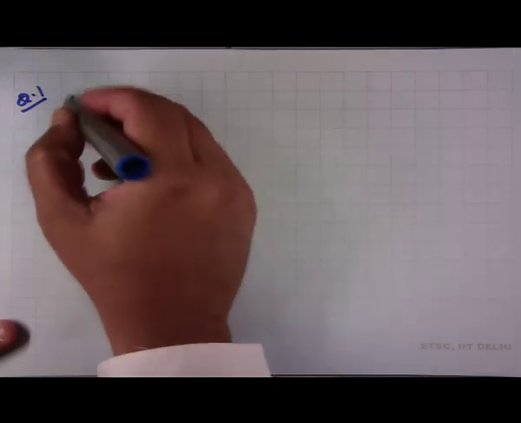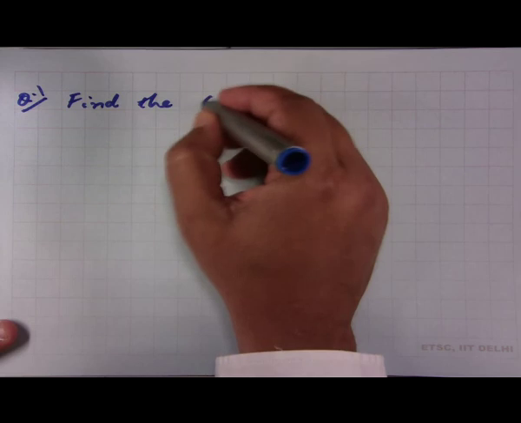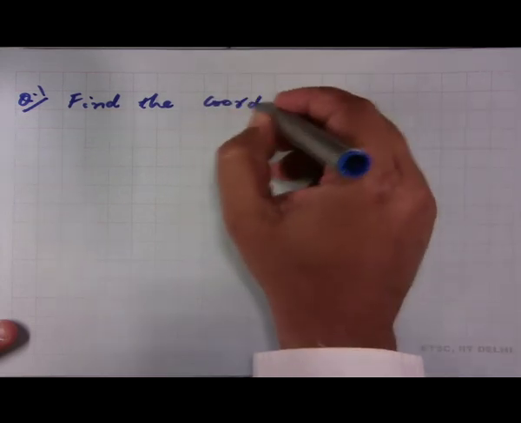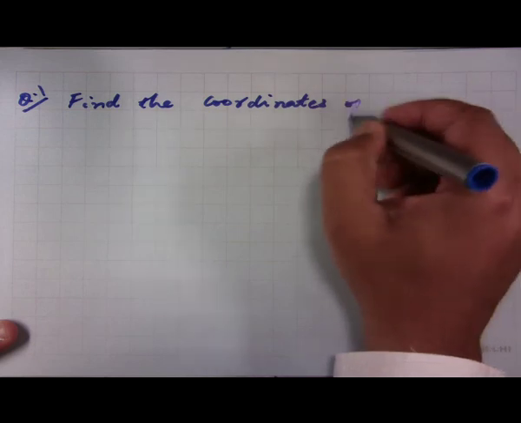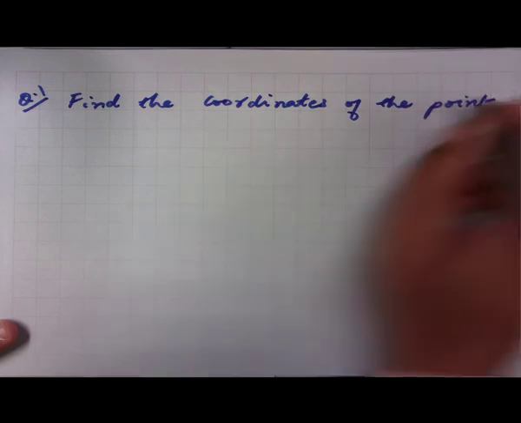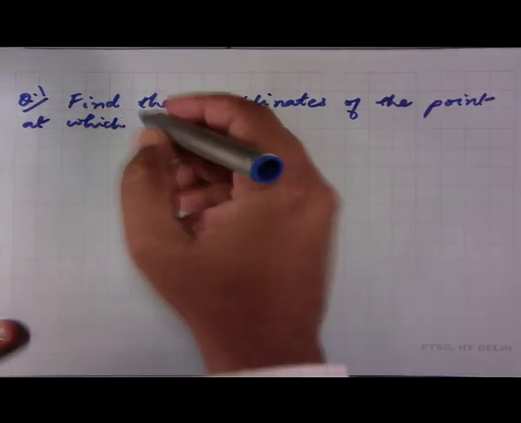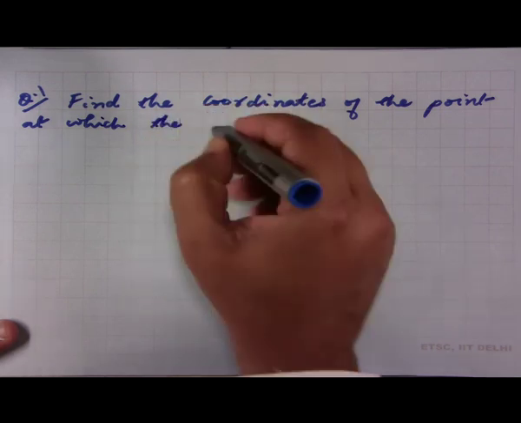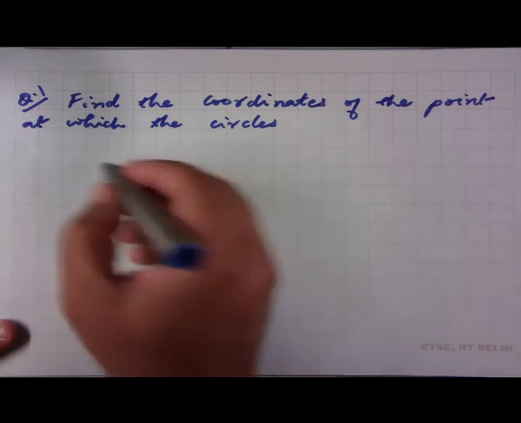So let us see this question first, where it is asked to find the coordinates of the point at which the circles, so we are given two circles.